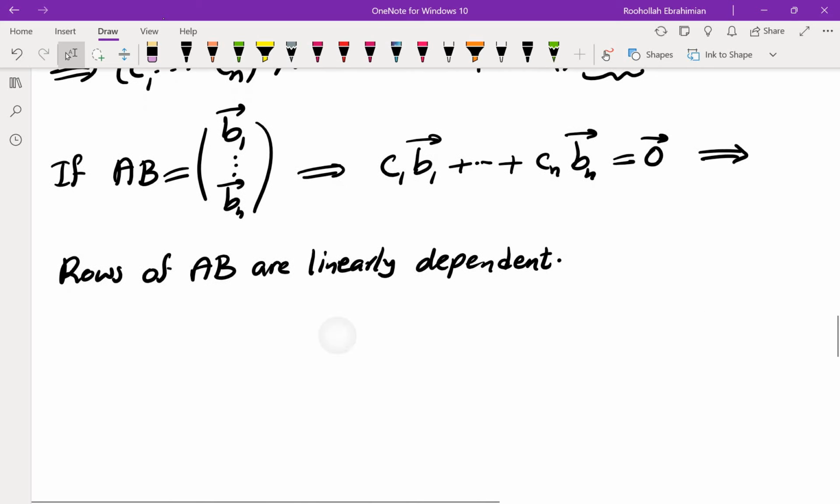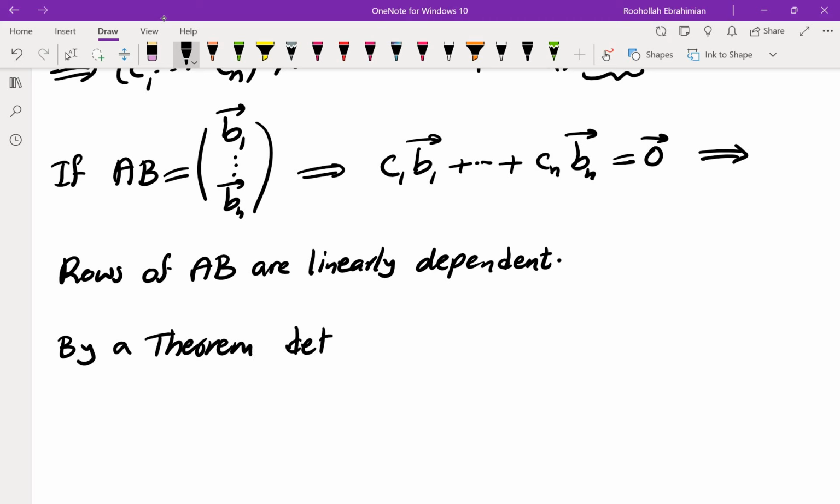So I showed that if the rows of A are linearly dependent, the rows of AB are also linearly dependent. So by a theorem we showed in the previous video, the determinant of A and the determinant of AB are both 0. And what does that mean?